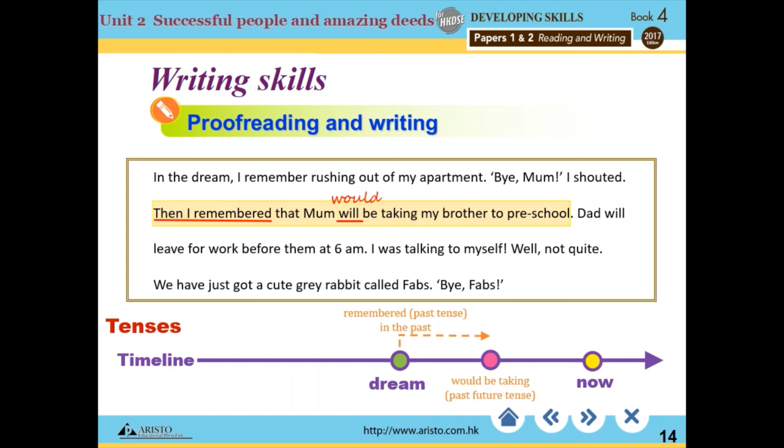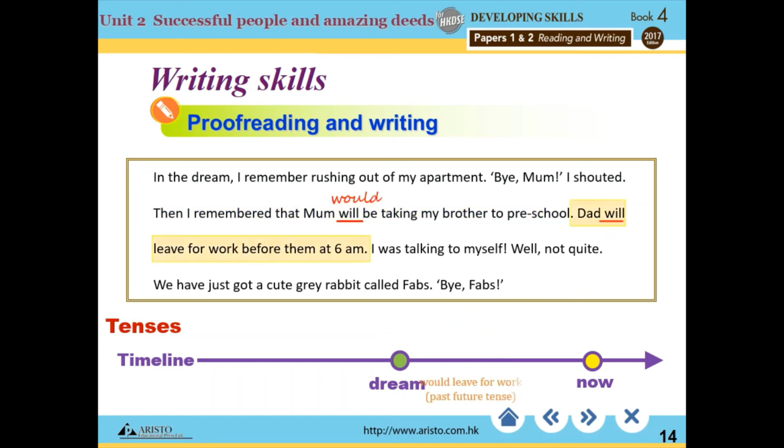However, since all of this happened in the past, thinking about the future in the past requires the past future tense. So the word will actually needs to be would instead. In the same way, Dad will leave for work also needs to be changed to Dad would leave for work, as it is still in the past future tense.